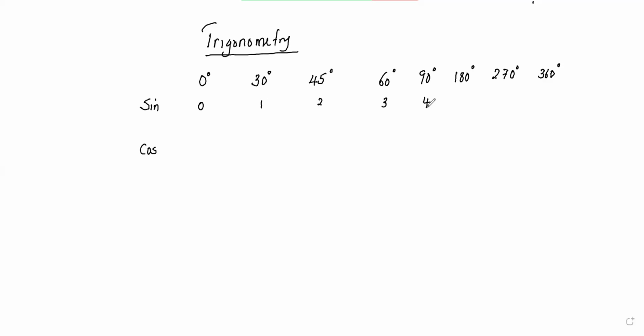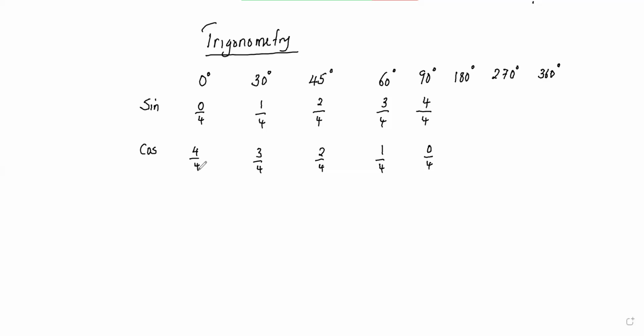And then from there, I divide by 4, by 4, by 4, by 4, by 4. Then for cos, I'll do the opposite. I'll do 4, 3, 2, 1, 0. Divide by 4, by 4, by 4, by 4, by 4. This is just a way of helping us recall.